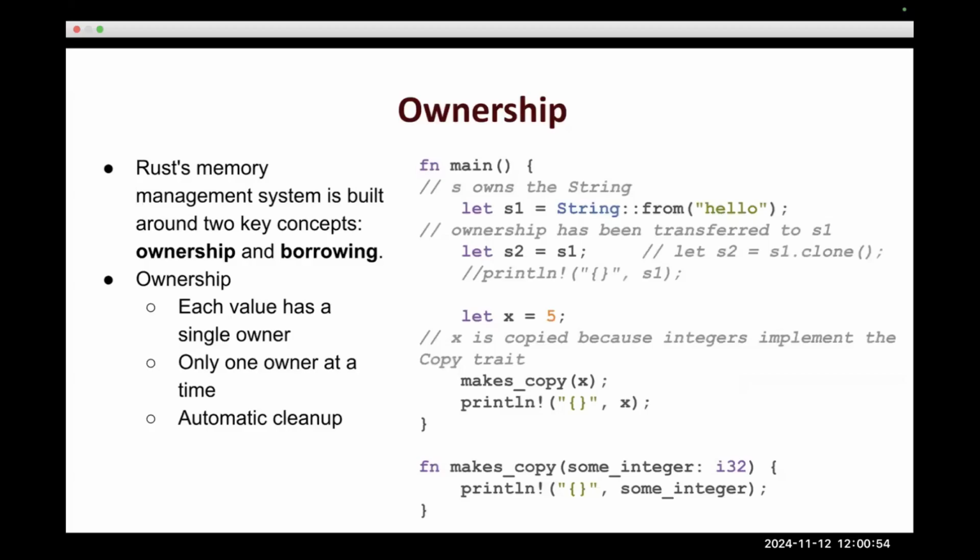And if you use a special function of the string, which is clone, it will do the deep copy, which will copy the string. Basically, you have a double copy of the string, two copies of the string. Two of them are identical, but they're stored at different locations.